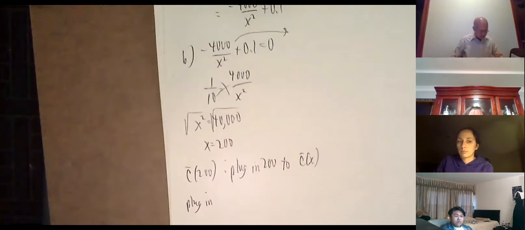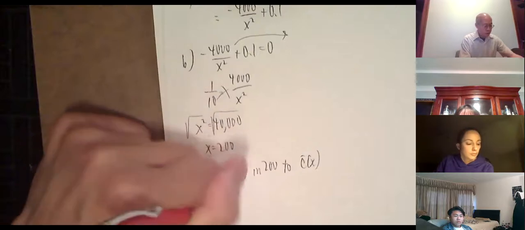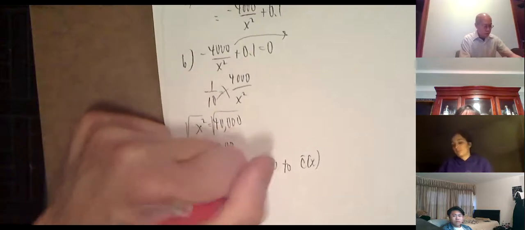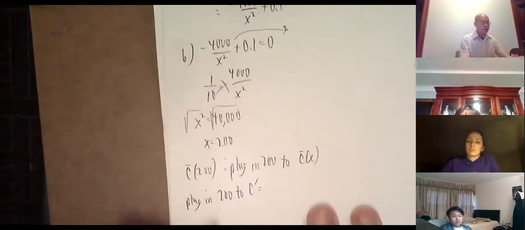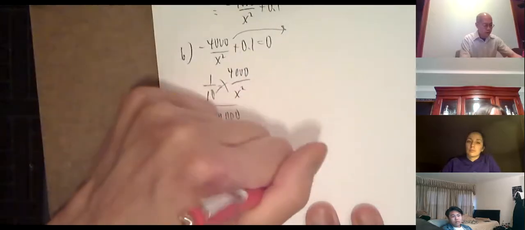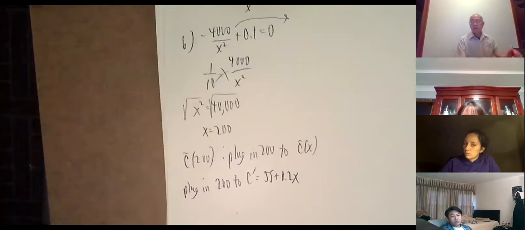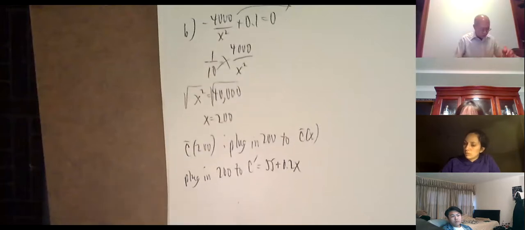Find the instantaneous rate of change of cost. So you plug in 200 to C prime. We never found C prime. C prime was what, 55 plus 0.2x. Okay, and assuming I didn't mess up anywhere, when it says, what do you notice?